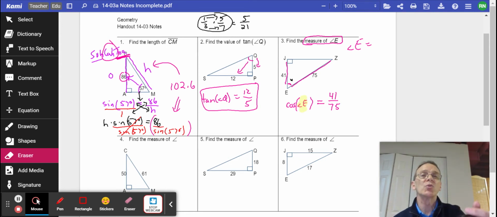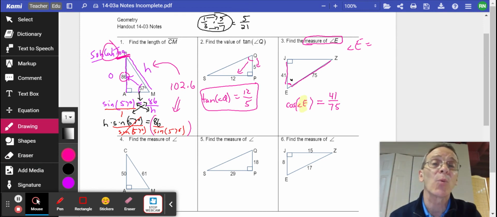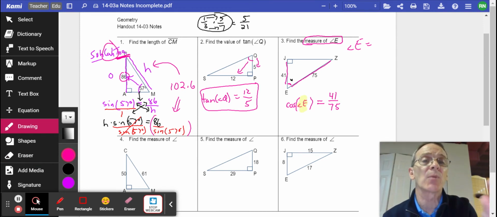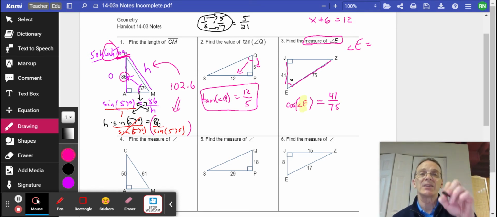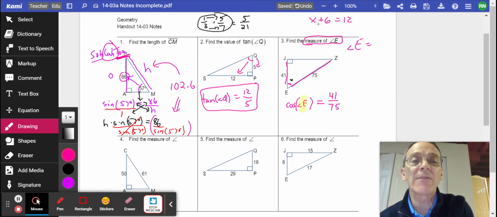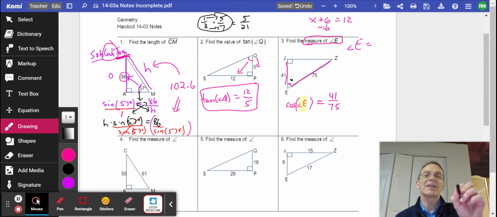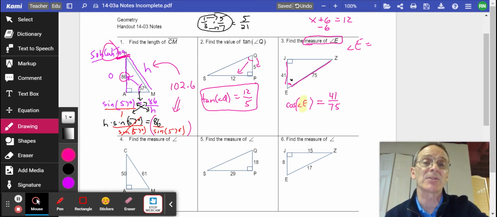But when we're undoing an operation in an equation, we have different ways of showing that we're undoing. For instance, if we had x plus 6 is equal to 12, and we wanted to undo that addition and show somebody what we're doing, we have the operation and the value that we're undoing, the minus 6, and we write that negative 6 below the positive 6, only because that's how you've been taught to show it.